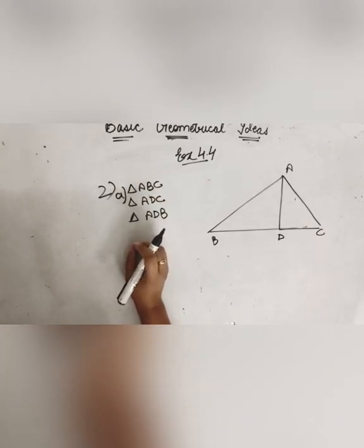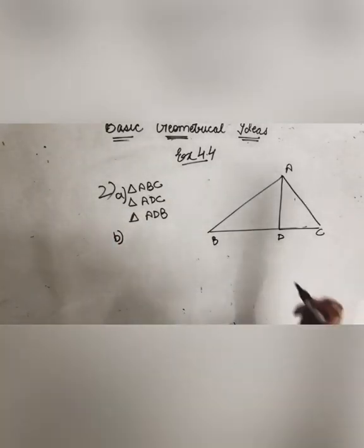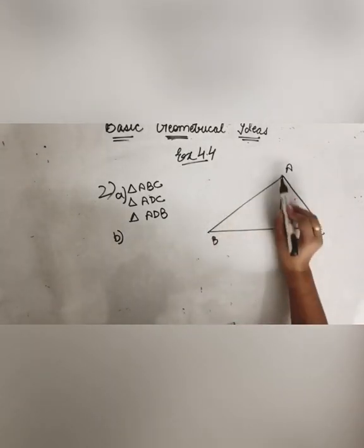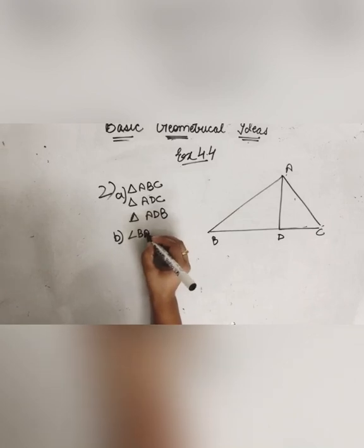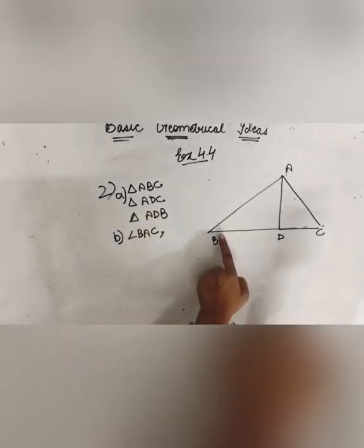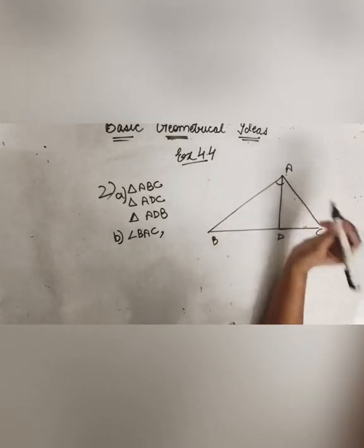B part, write the names of 7 angles. So 7 angles are, how will you write the name? Angle BAC. This is the first one. Then BAD, this angle.